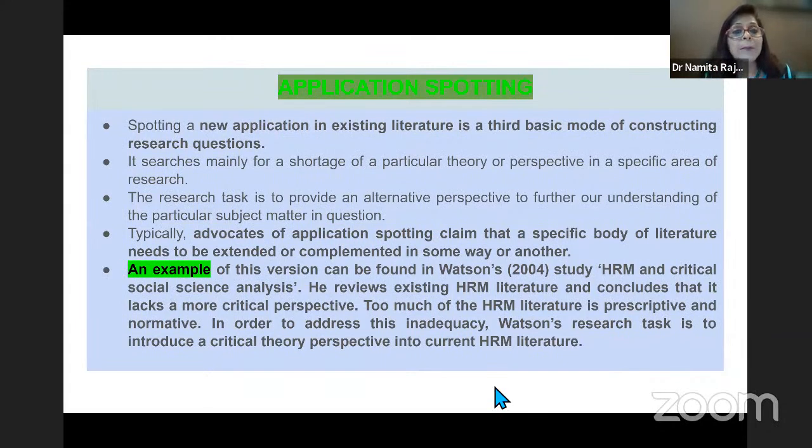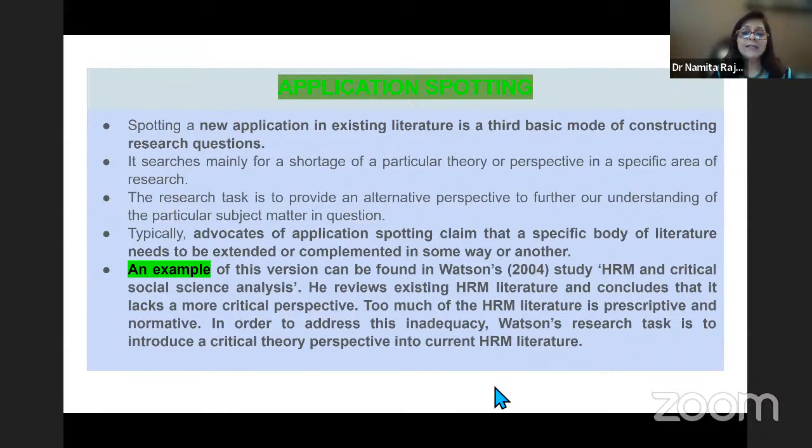Spotting a new application in existing literature is a third basic mode of constructing the research question and finding the research gap. So let me just give you an example here. We talk about the human resource policy here. An example of this version can be found in Watson's research in 2004. He studies human resource management and the critical social science analysis.